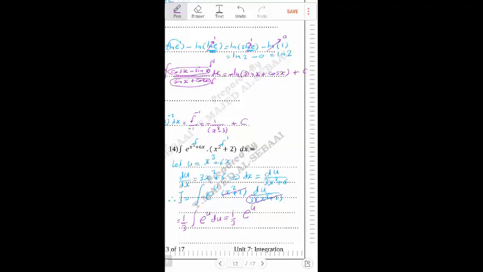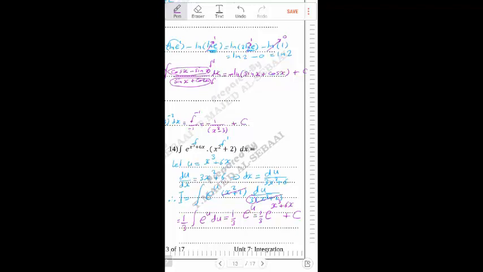Now substitute again, so that your answer is in terms of x. So this will be 1 over 3 e to the power of u, what is u? It is x^3 plus 6x, plus c. Was it understood? Was it clear?